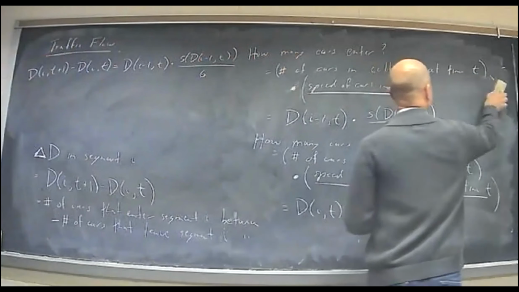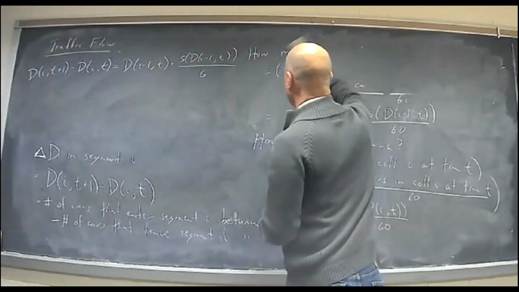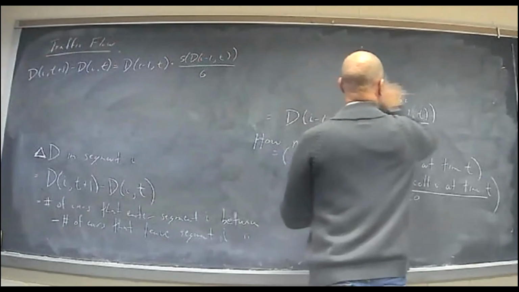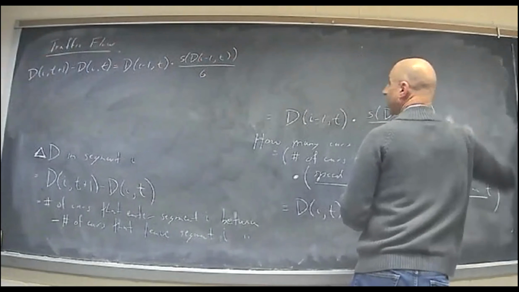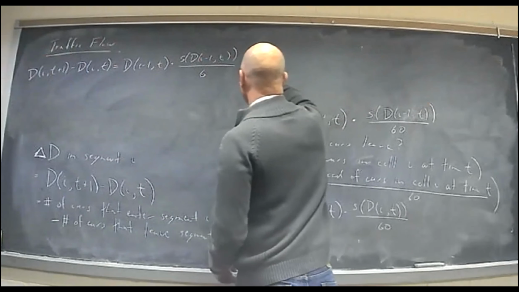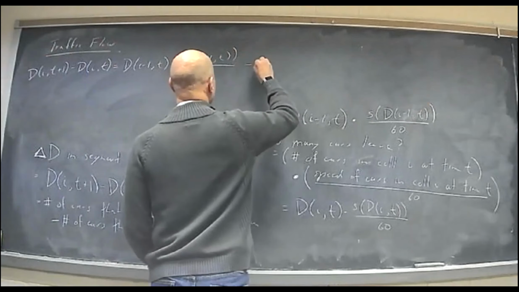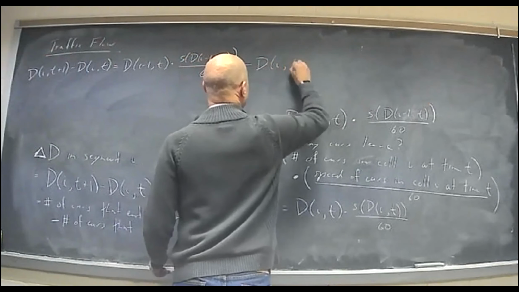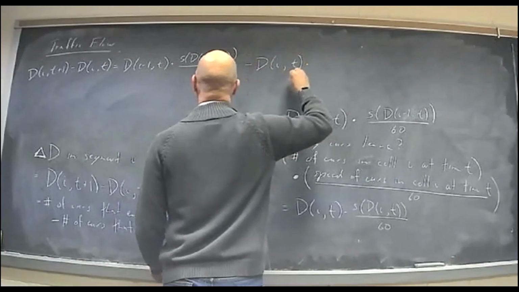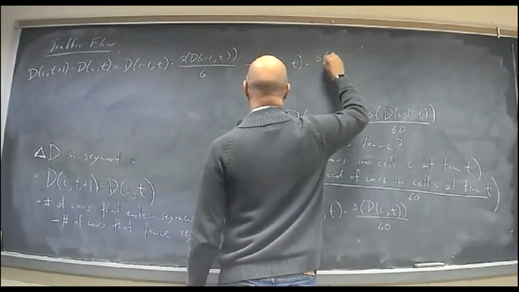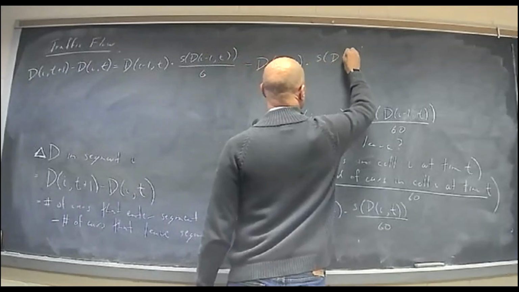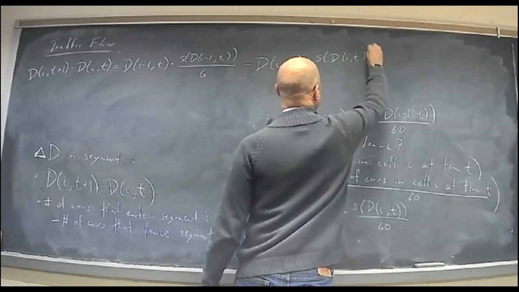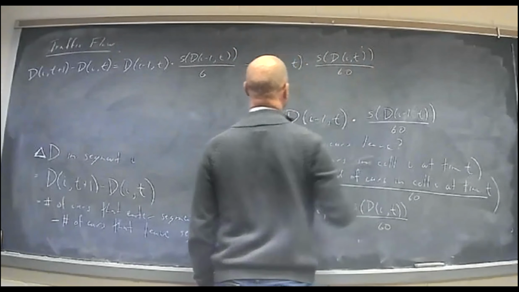So the number of cars leaving is the density in segment i at time t times S of d_i(t), divided by 60.